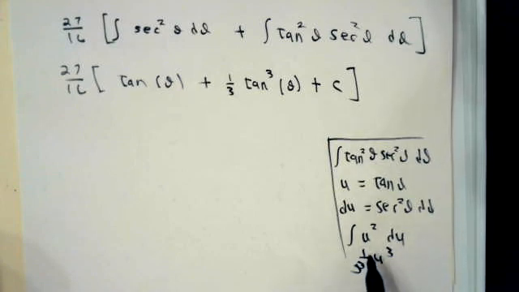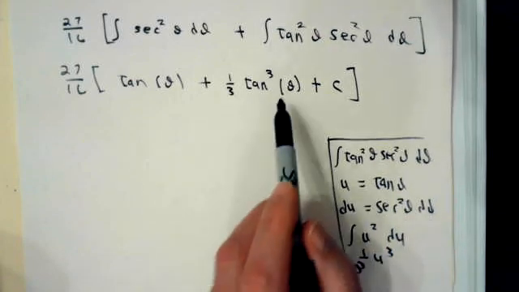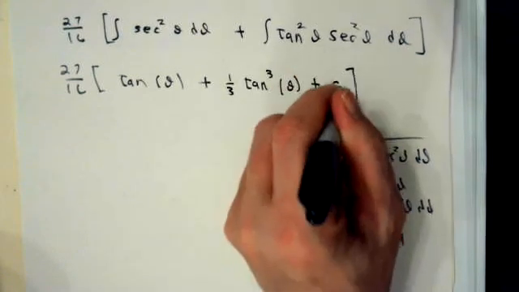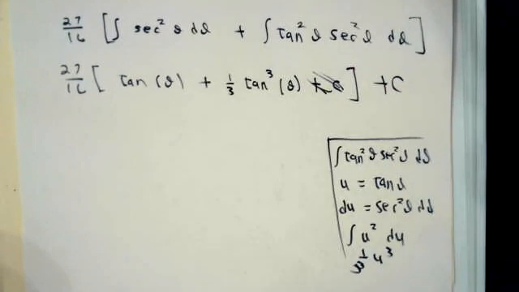That turns this integral into the integral of u squared du, which is 1/3 u cubed. And of course, u cubed is tangent cubed of theta, so that's this piece. I guess strictly speaking, it would look nicer if I wrote my constant of integration there. It doesn't make any difference.